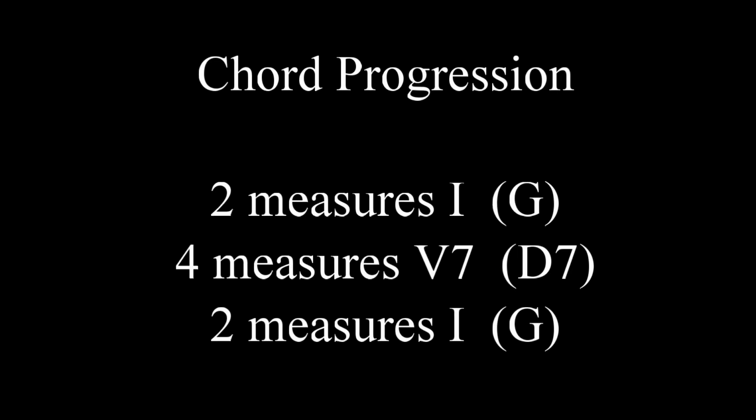First, we need to determine the chord progression of what we're playing against. So here's a generic chord progression of 1 and 5 dominant. It's 2 measures of 1, 4 measures of 5, and 2 measures of 1. We see that here.